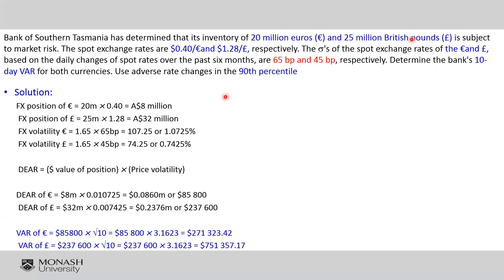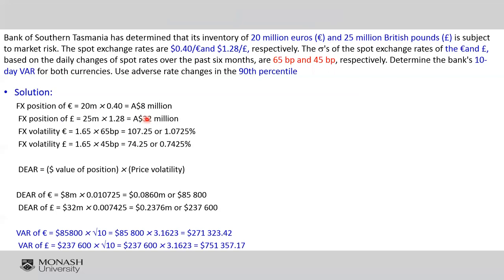And I have the exchange rate, which is actually 40 cents and 1.28. Maybe this 40 cents is not actually logical for the euro, but just take it like that. So we have $8 million actually, and we have 32 million. Now we transfer this to Aussies, or the Australian dollars.